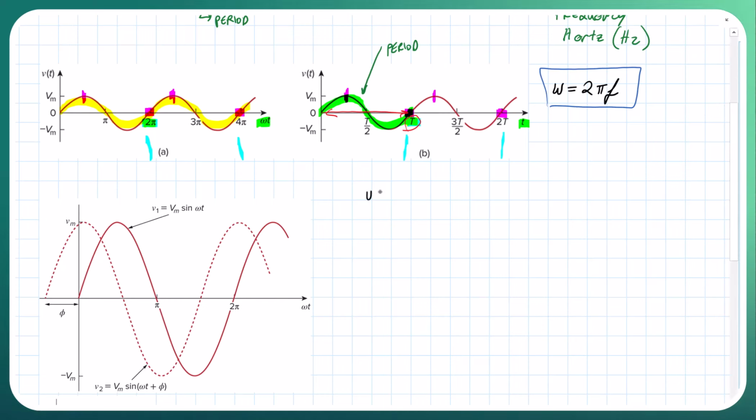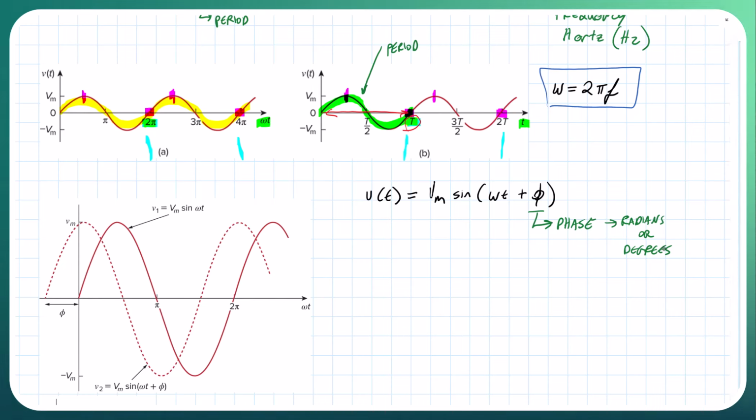I can say v of t is equal to Vm, our amplitude, sine of omega t plus phi, which is going to be our phase. And that's when we're looking at phase shifts. This phase can be in radians or it could be in degrees, depending on how we're approaching the problem.